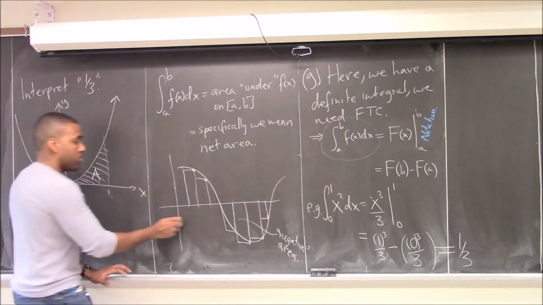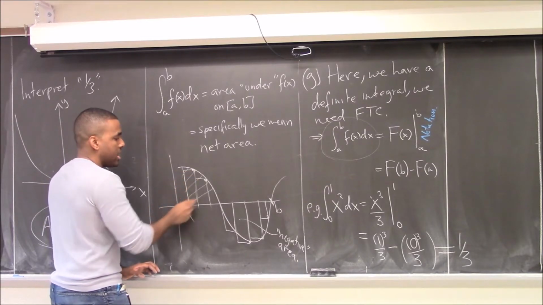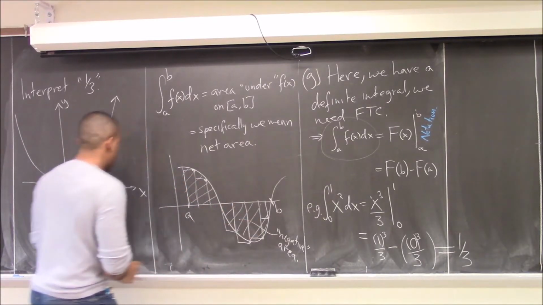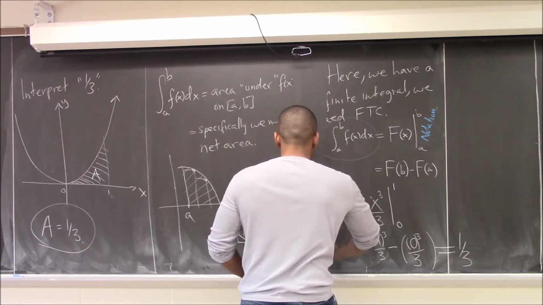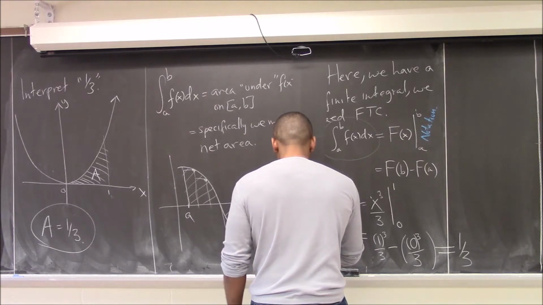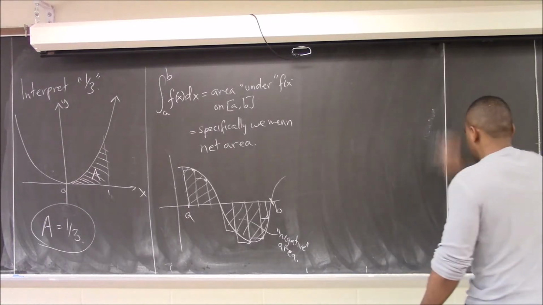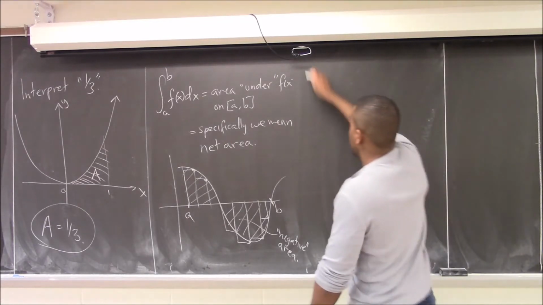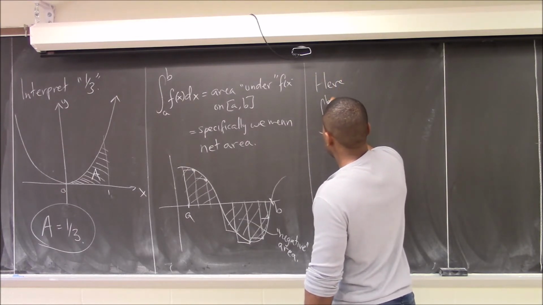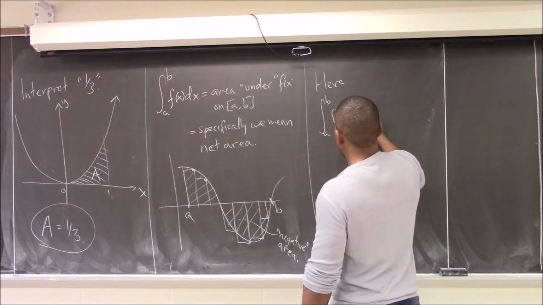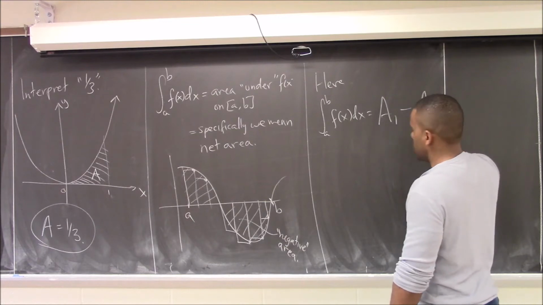And so, if, for example, this is a to b here, and you want to compute that area, what you'll realize is in this case, what the integral actually gives you is not necessarily the area bounded by the curve, but rather the area of one thing minus the area of the other thing.